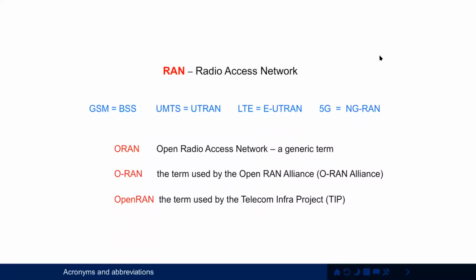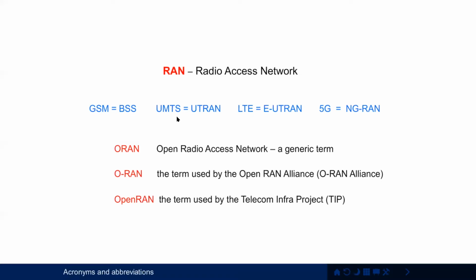First of all, one of the problems with a new technology is all of the acronyms and abbreviations. So I thought I'd kick off with a quick explanation. Hopefully the first one shouldn't cause too much of a problem. The RAN is the radio access network. But over the years, we have had different types of radio access networks. Going back to the days of 2G, GSM, the radio access network was more correctly known as the base station system, the BSS.